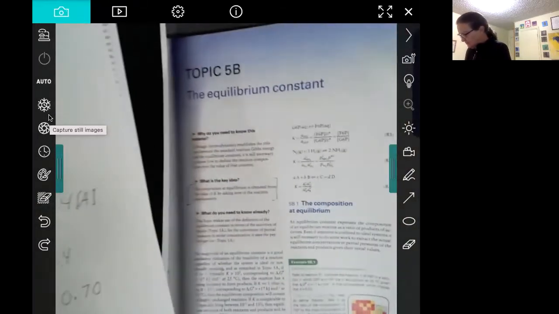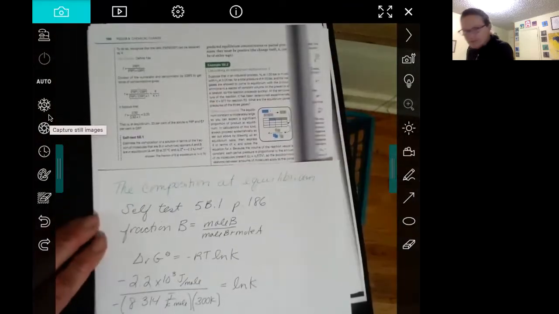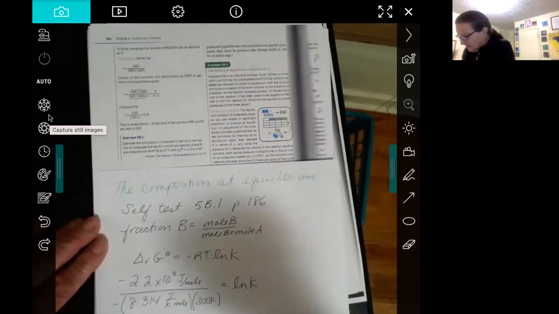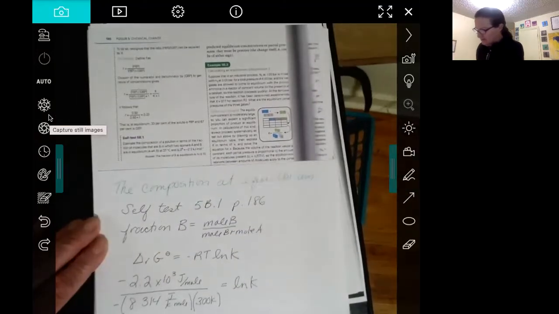So self-test 5B.1 just asked you to estimate the composition of a solution in terms of the fraction of molecules that are B, in which you have two isomers, A and B, in equilibrium. And it gives us the delta G standard state.